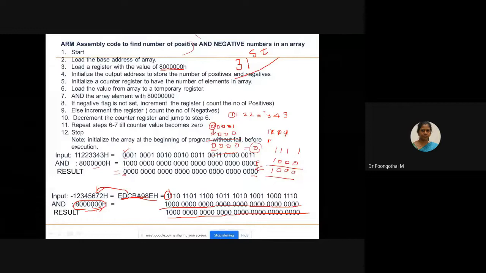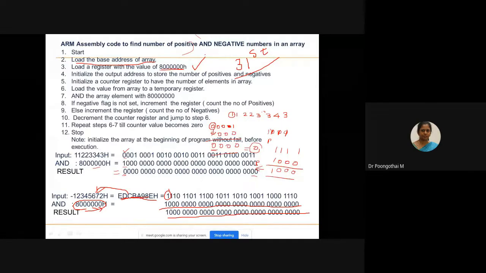So it's a homework problem. Tomorrow in class we will discuss, and also I will demonstrate the code. First you load the base array, the address of the array. Using this array, you have to get your input. Load a register with the value of this one. You can use any general purpose register.